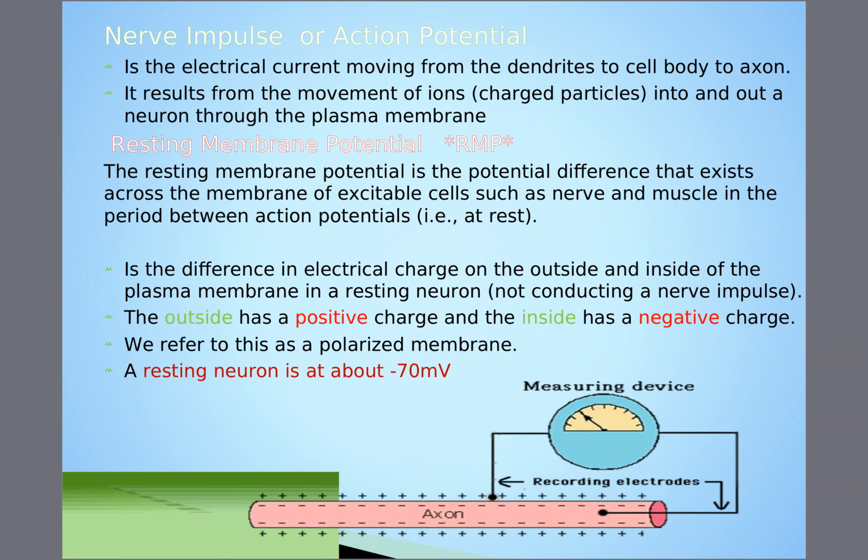The outside has a positive charge and the inside has a negative charge. We refer to this as a polarized membrane. At resting neuron, it is about -70 millivolt.